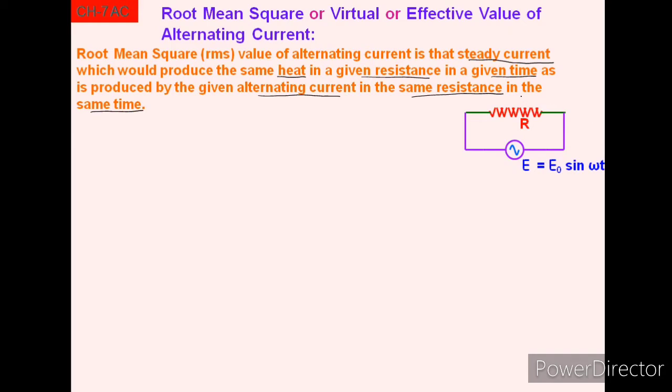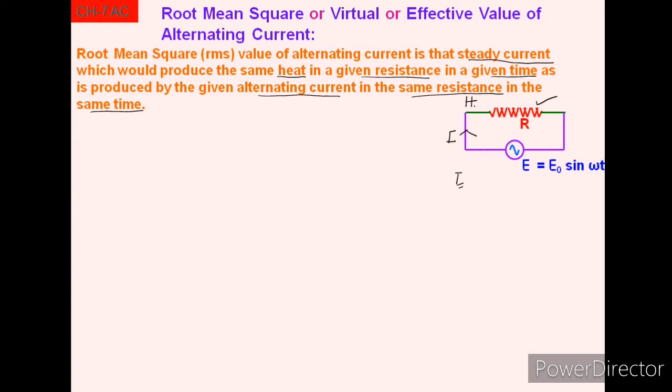Suppose there is one AC circuit containing a resistor, then some alternating current, let it be I, will flow for time t. Then through the resistor some amount of heat will be evolved.